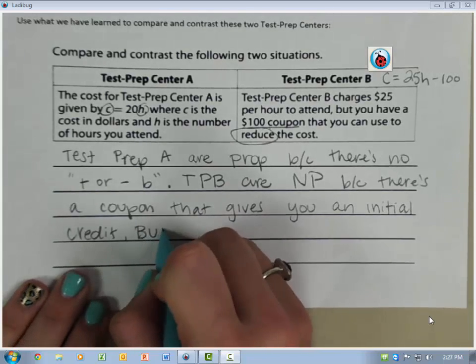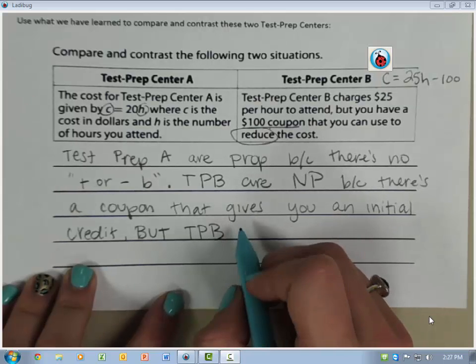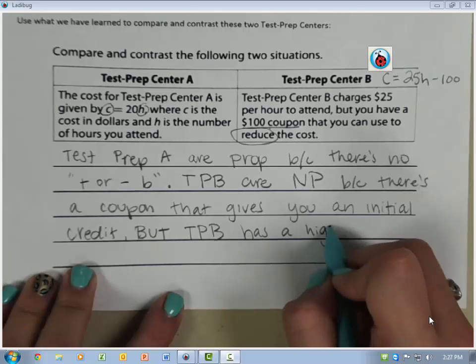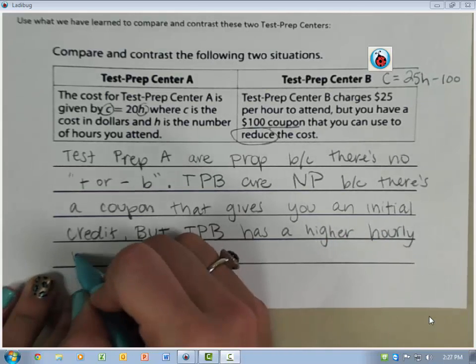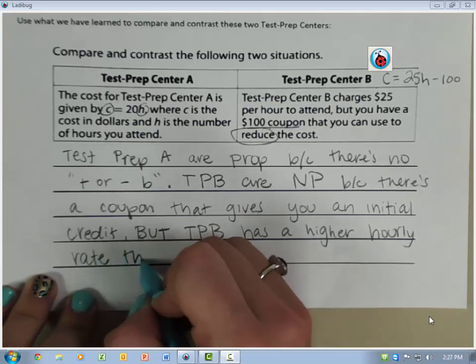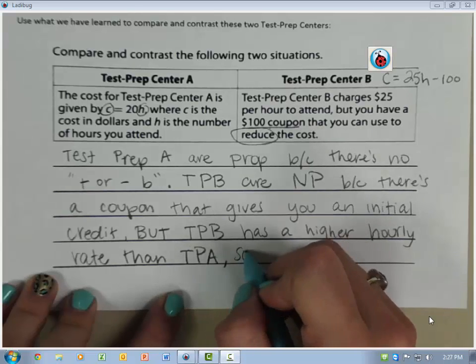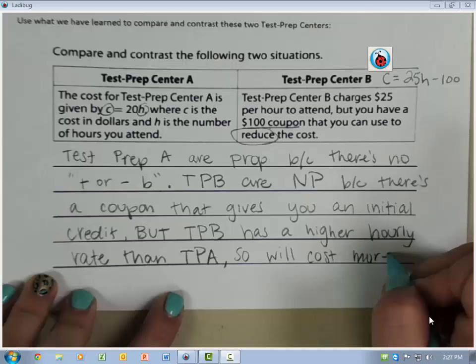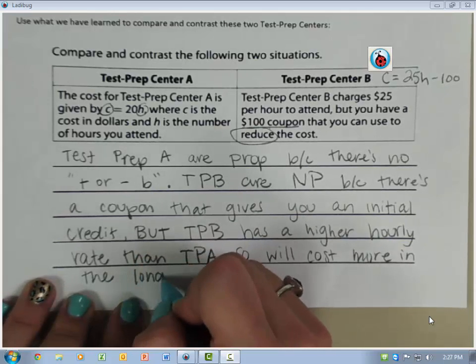But Test Prep Center B has a higher hourly rate than Test Prep Center A, so will cost more in the long run.